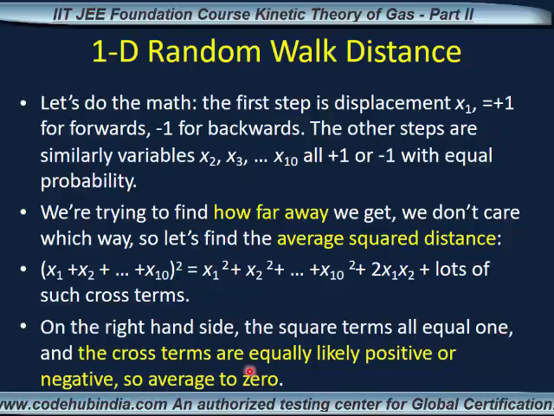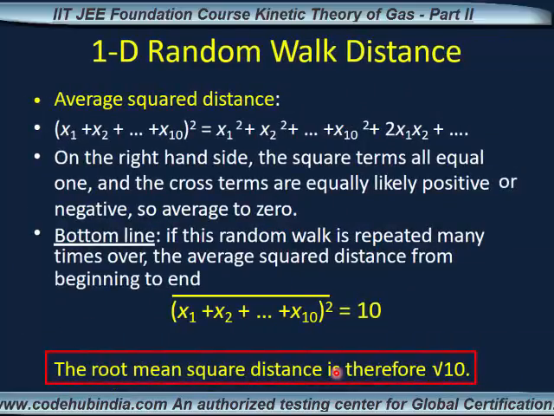The cross terms are positive and negative with equal probability, so their average is 0.